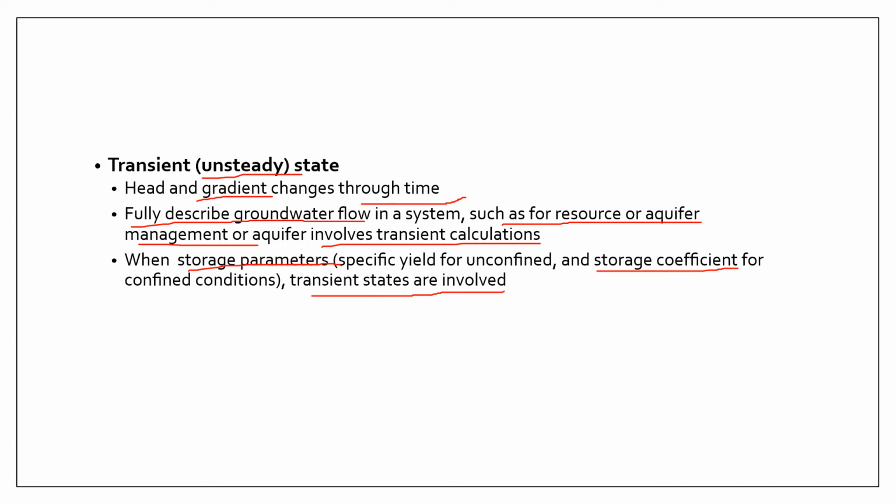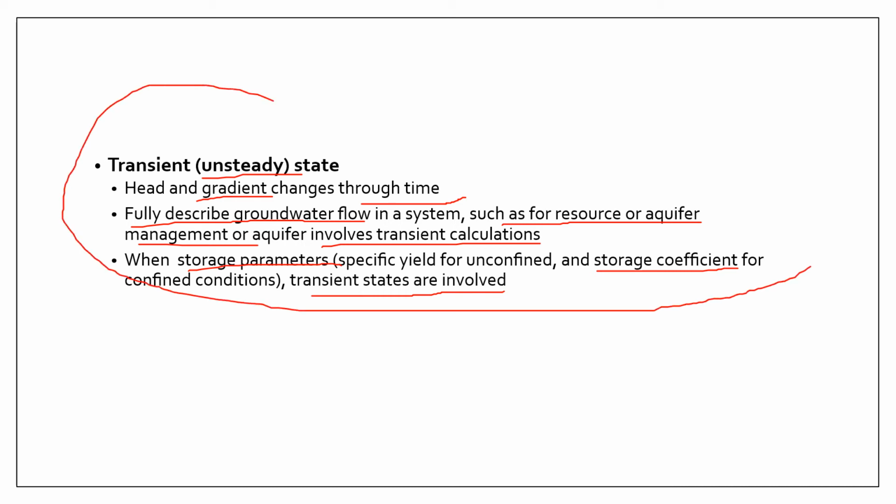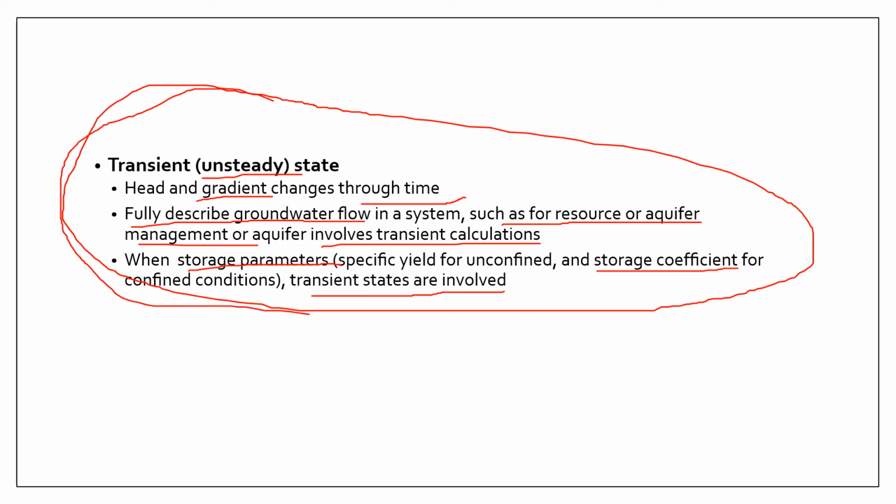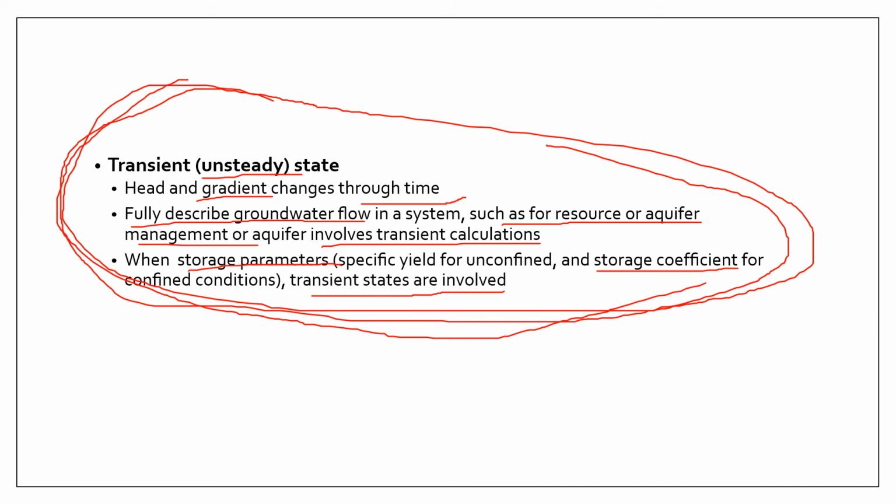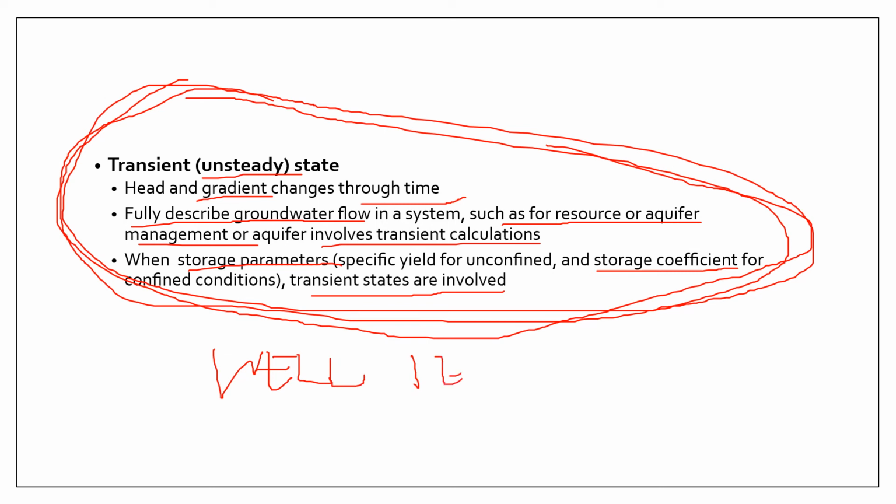Although for most hydrogeologic calculations, particularly for well testing, you will be mostly dealing with unsteady state conditions. So you might be using unsteady state and some quasi steady state conditions.